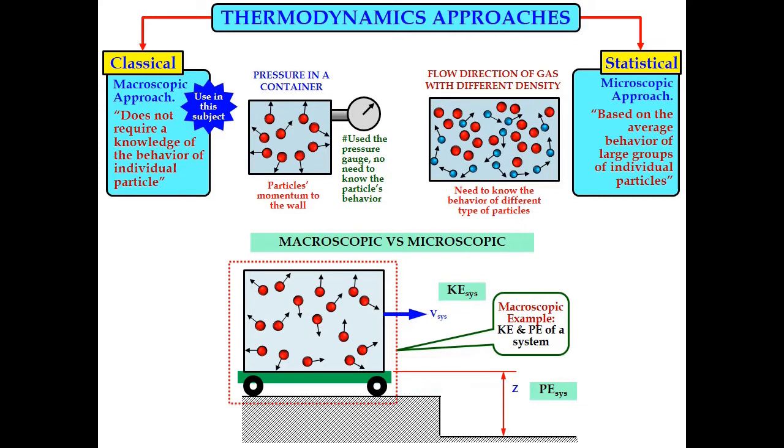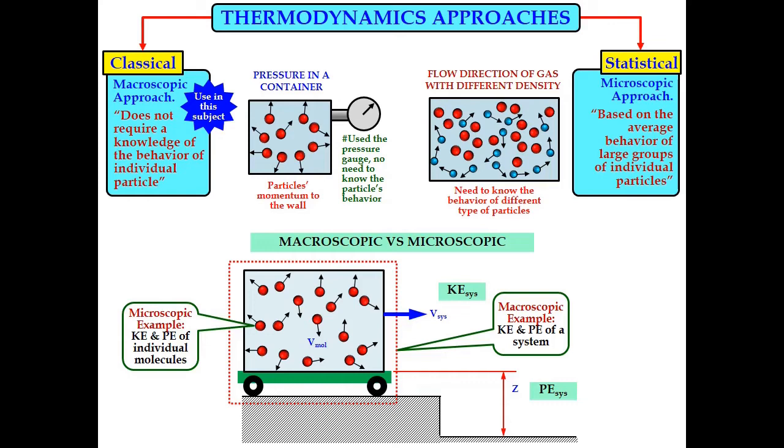However, if we consider the particle movement inside the tank, where we have the velocity of the molecule or particle, and we consider the behavior of the particle, this approach we consider as the microscopic approach.